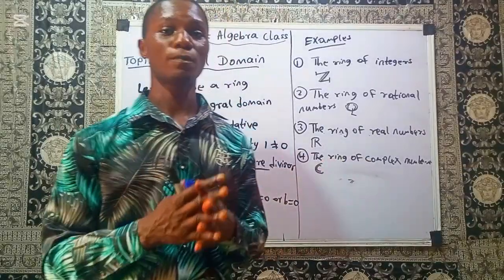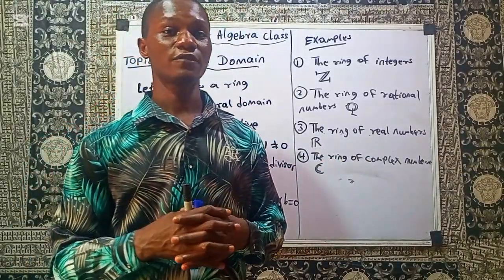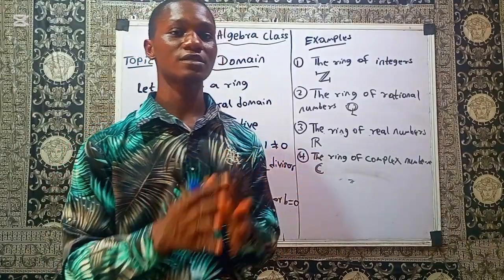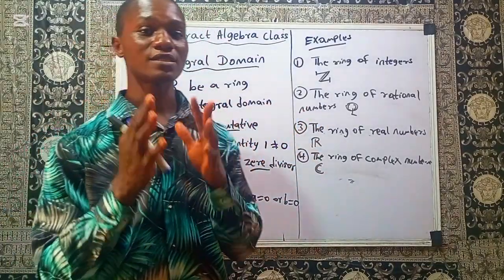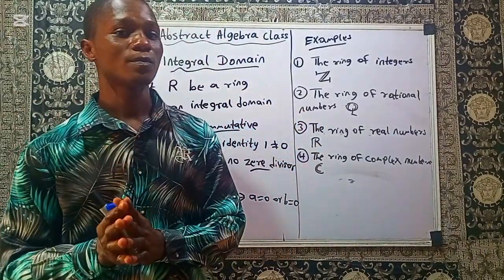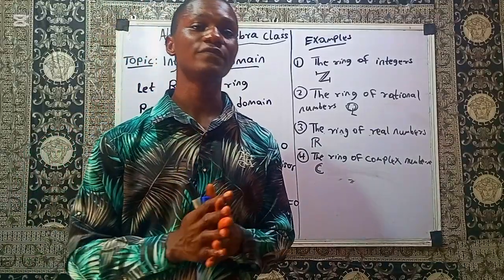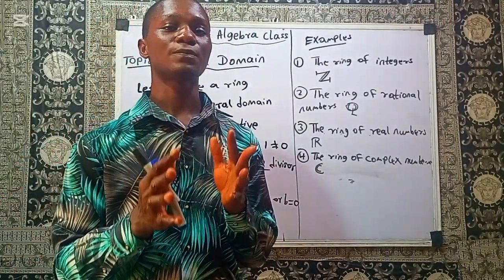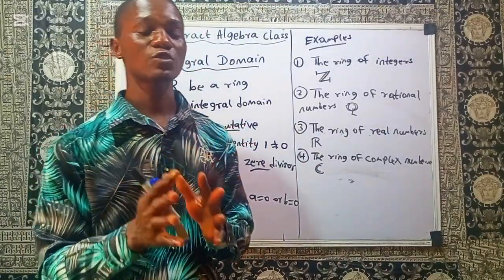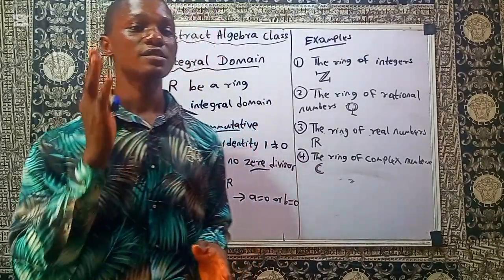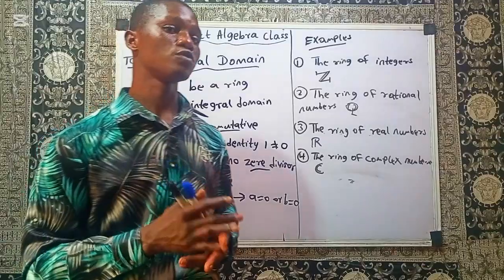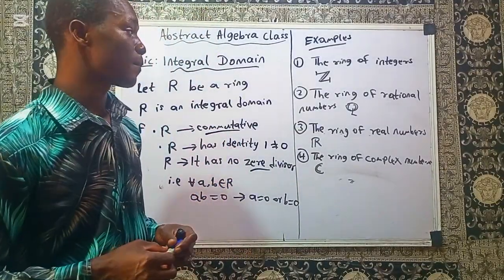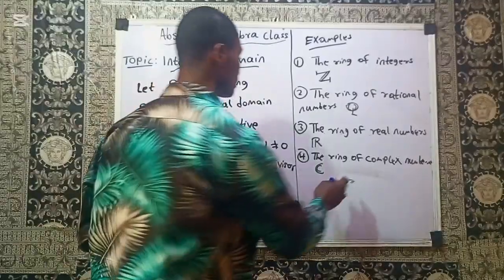We know that complex numbers have no zero divisors. This is because if I pick two elements of the complex numbers z1 and z2 and multiply them and get 0, it is only possible if and only if either z1 or z2 is 0. So if I multiply two complex numbers z1 and z2 and get 0, it means that z1 must be 0 or z2 must be 0. So the ring of complex numbers is an integral domain.